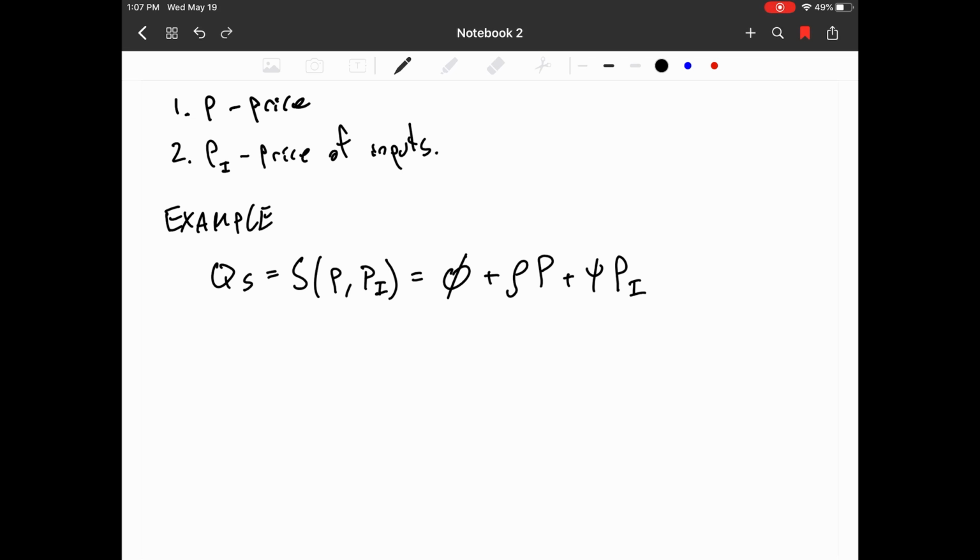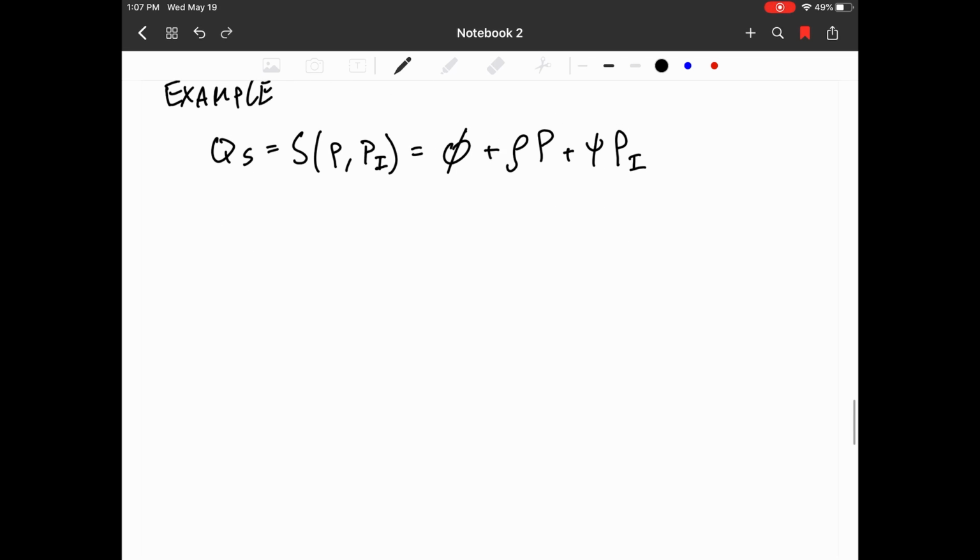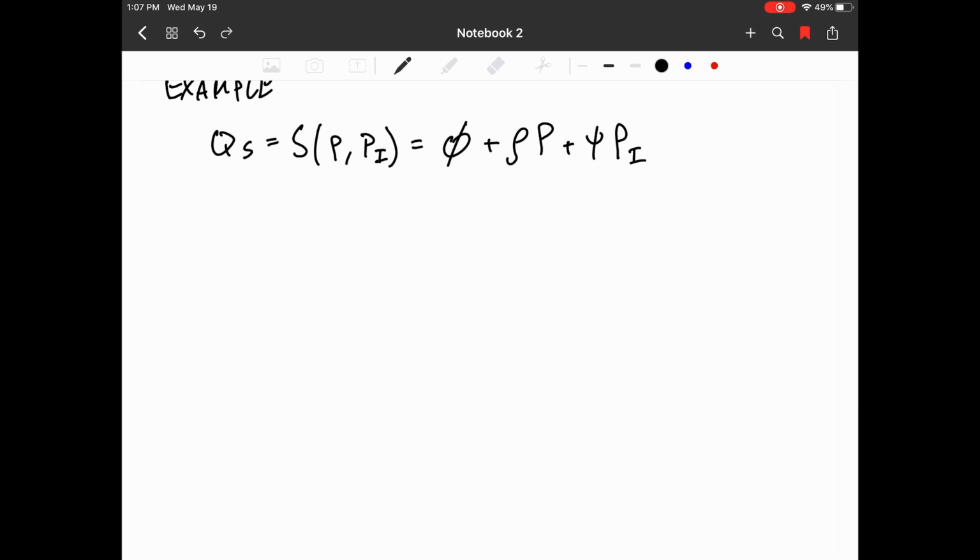Okay. So the expectation here is that the sign for rho is going to be positive, and the sign for phi, we would expect this to be negative. As the price of inputs goes up, our costs are going up, which is essentially what the supply curve is capturing.